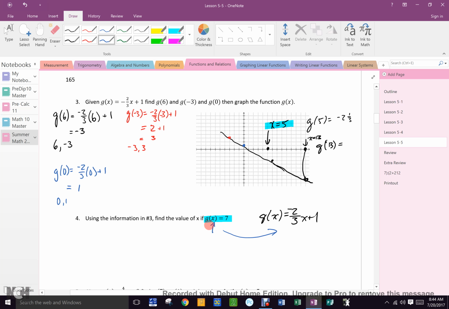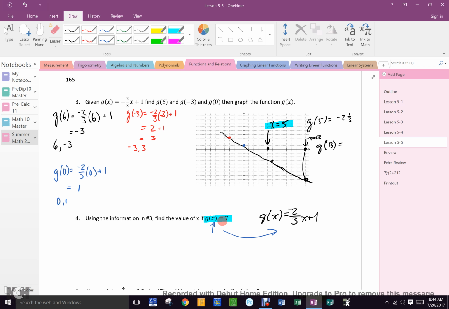Something equals 7, right? What over here gets the 7? The g of x gets a 7. So how do I write that out now that I know something? Pardon me, Simran? 7x.